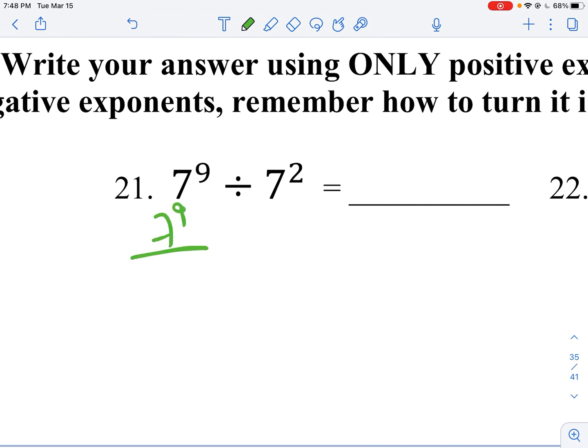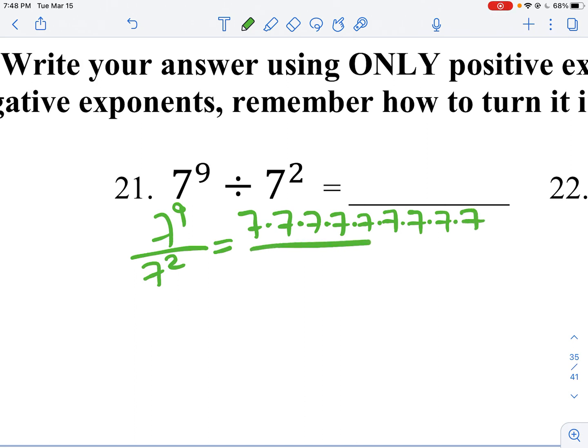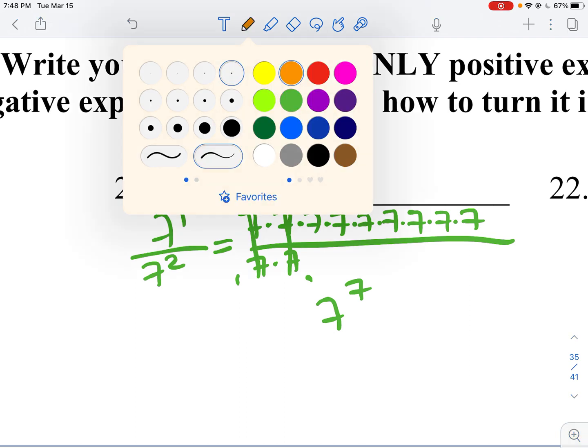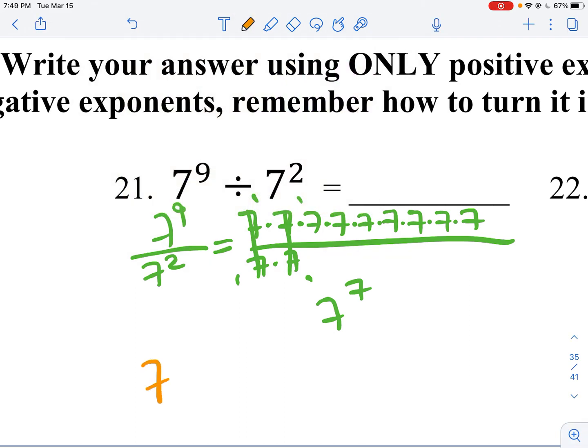This one is 7 to the 9th over 7 squared. So my answer is 7 to the 7th power. Now if you use the property, you would get 7 to the 9 minus 2, which is 7 to the 7th power.